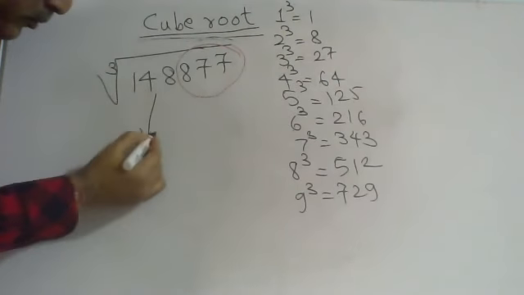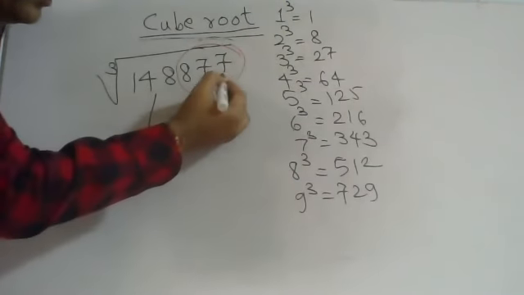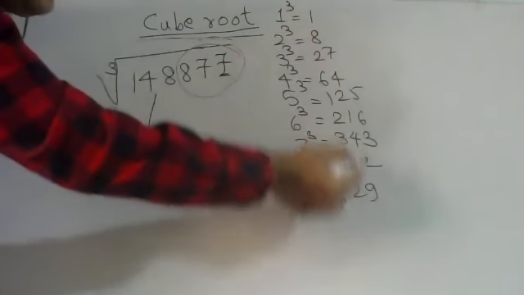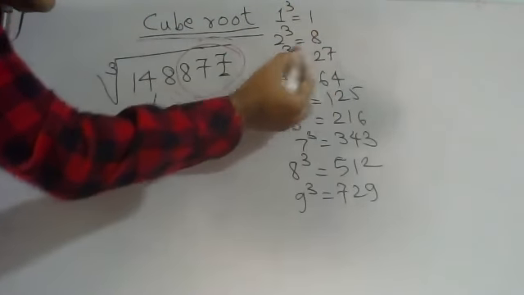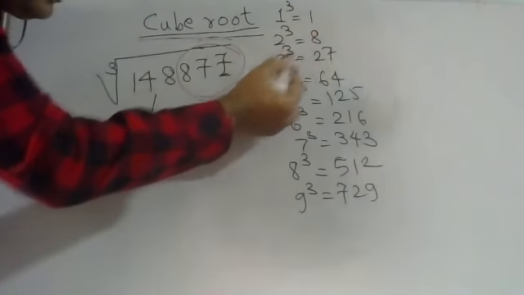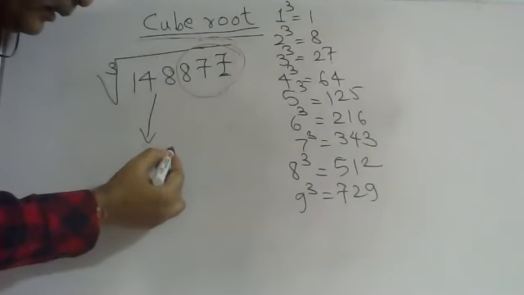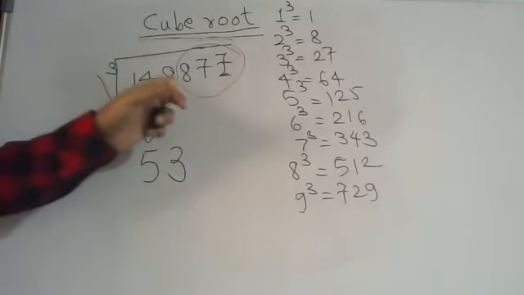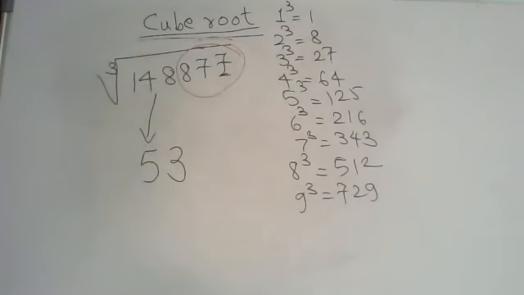So write down 5. Think about last number 7. Where you are finding 7? 7 is here. So think about the cube of that is 3. So cube root of 148877 is 53.